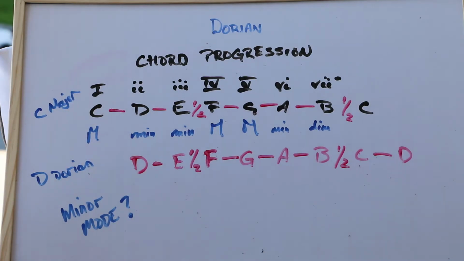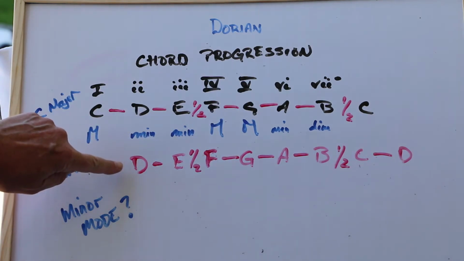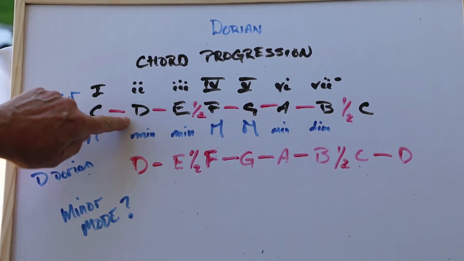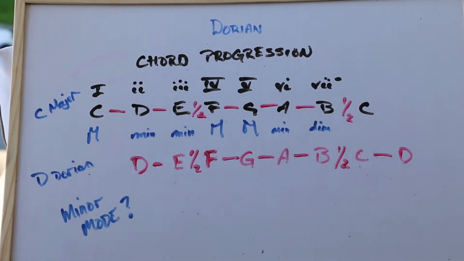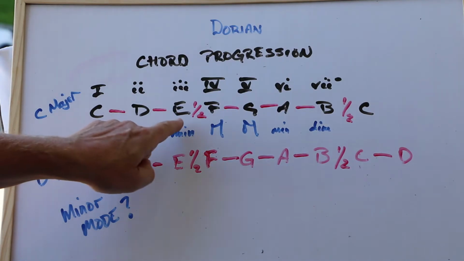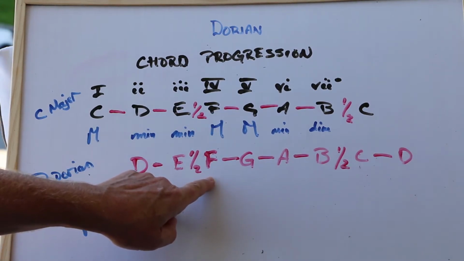So, if we're going to play in Dorian, that means we're going to use all C notes, but we're going to start them at D. We're going to make the D minor, or the D note, our tonal center. In that sense, the half steps move, because the mind is thinking that the half step should come between the 3 and the 4 rather than the 2 and the 3.